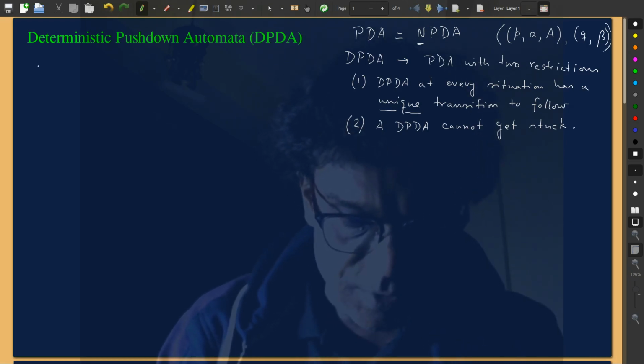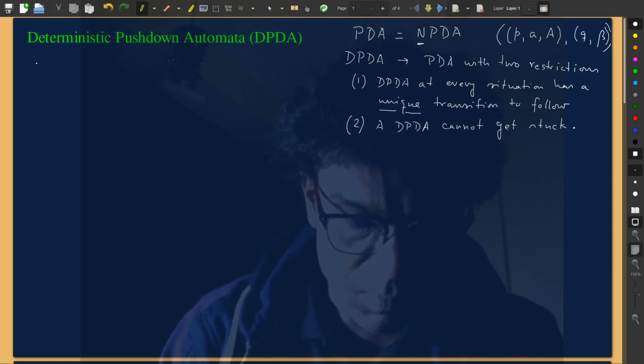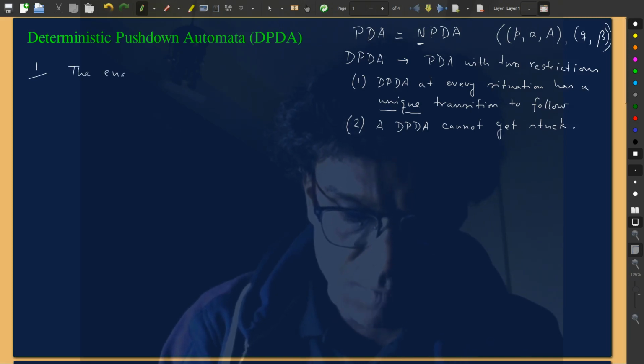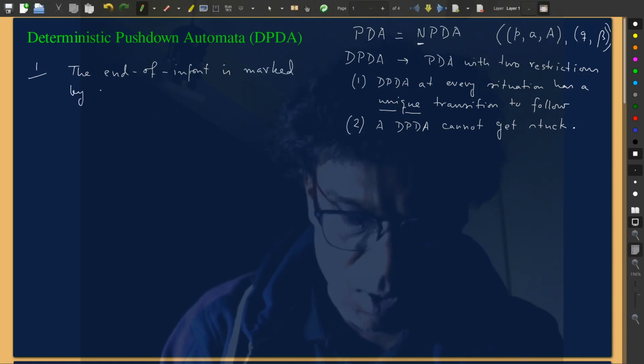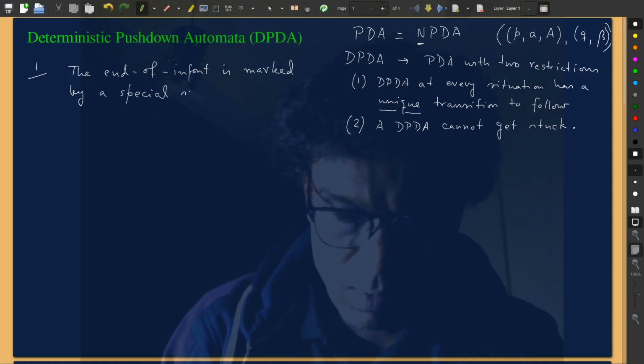The first thing is that the end of input is marked by a special symbol, which let us denote by this.